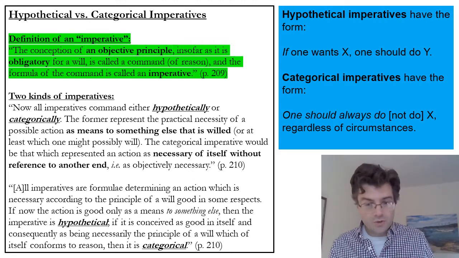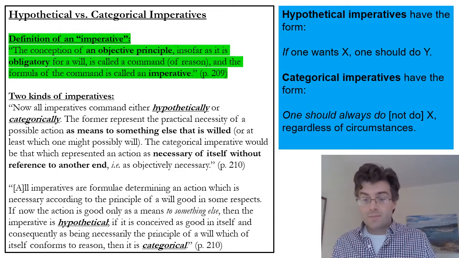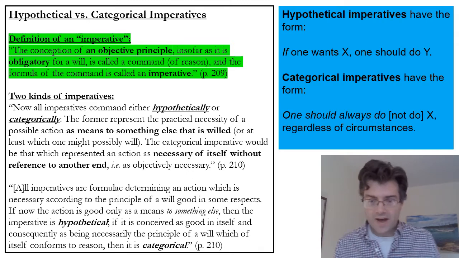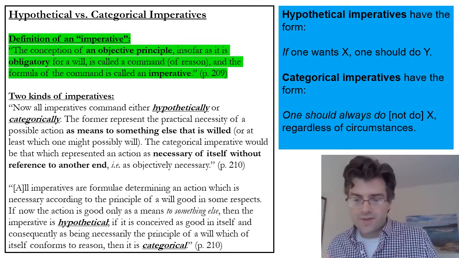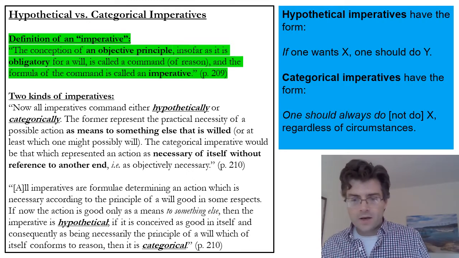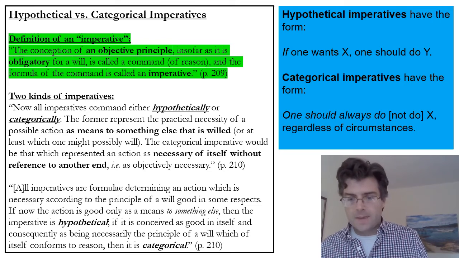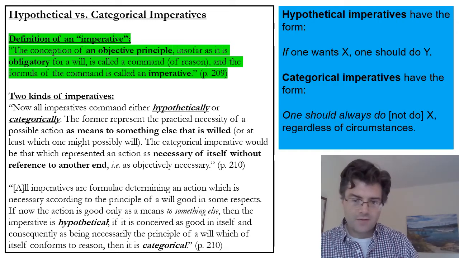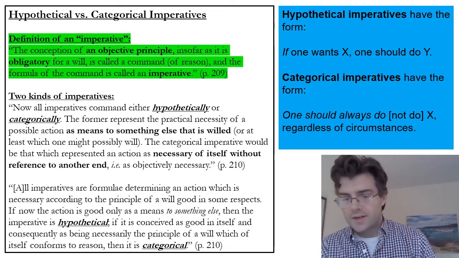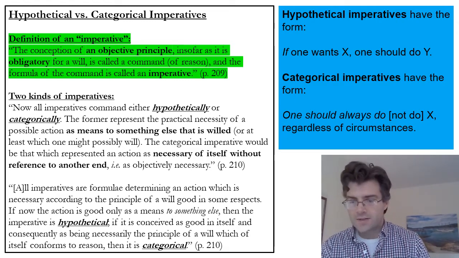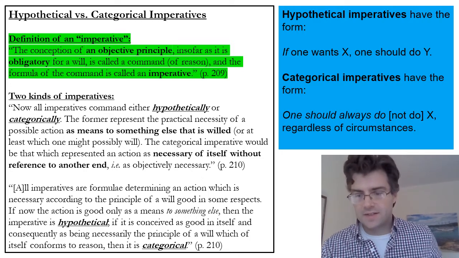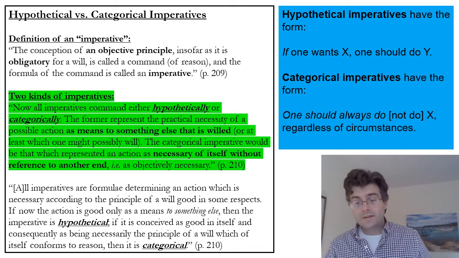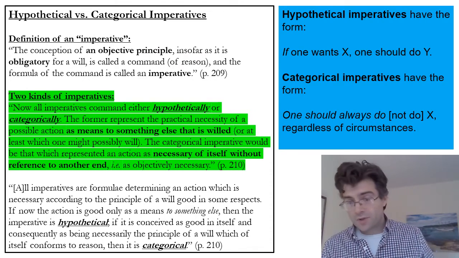They probably could be re-expressed as direct commands, do X or don't do X. But for the rest of this presentation, I'll follow Kant's own discussion in basically treating any sentence that includes the words should or ought as an imperative, and likewise treat imperatives as sentences that include those words. And then Kant says another extremely bold thing.